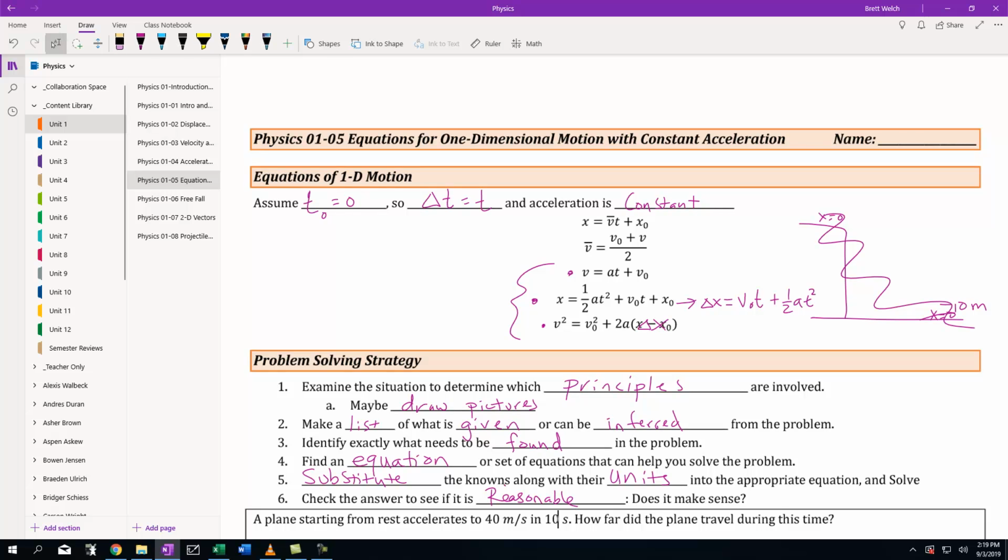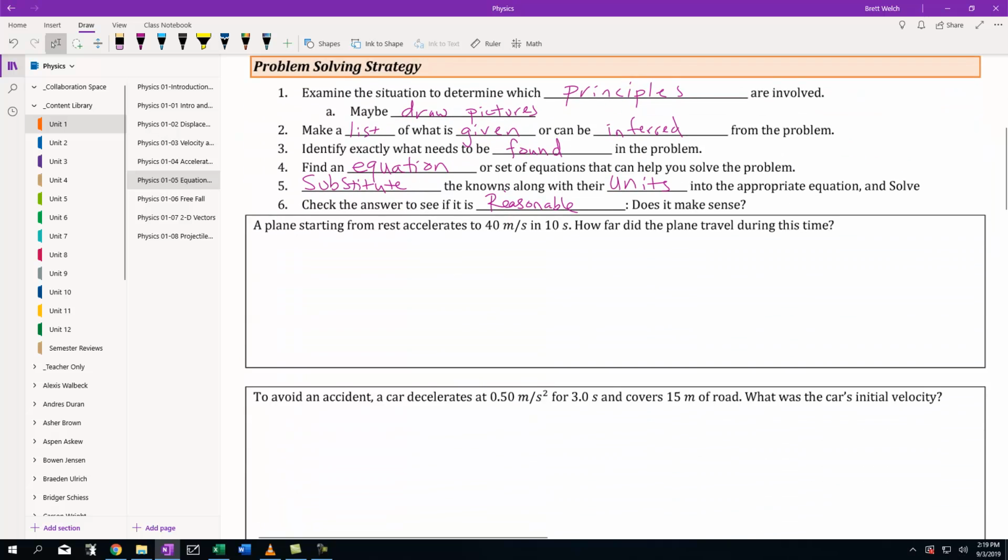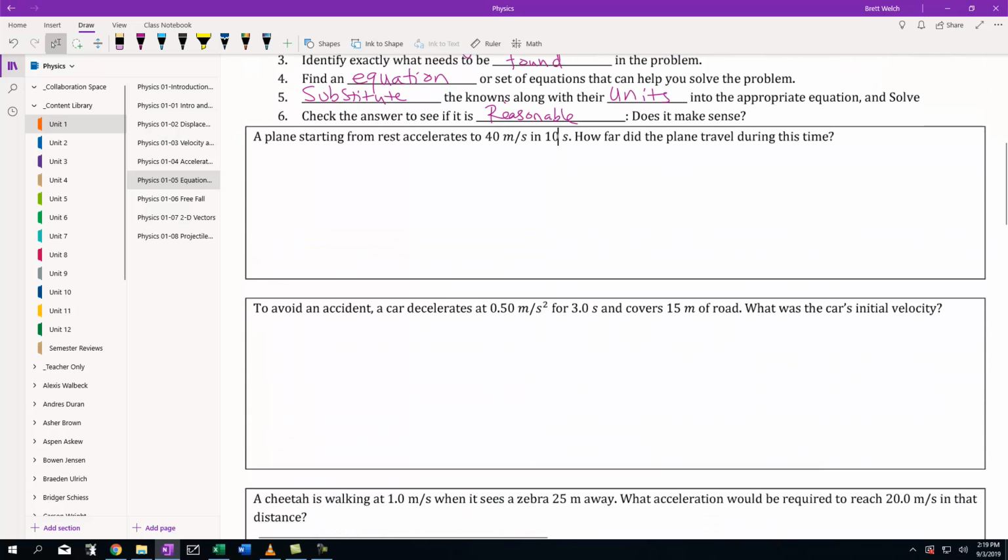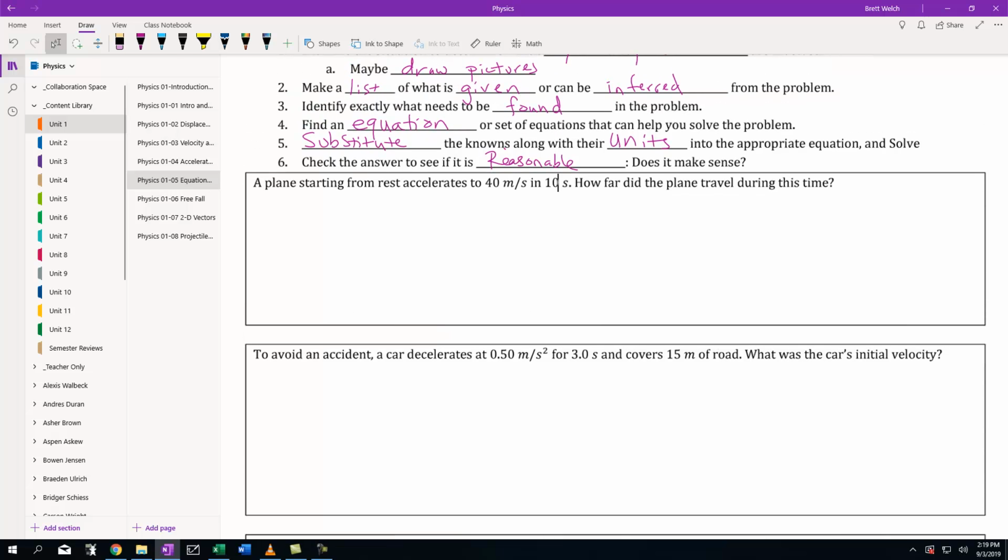That being said, let's look at some example problems as a way to go through and do that exact thing. I'm going to start here with this little plane starting from rest. It says it accelerates from rest to 40 meters per second in 10 seconds. How far did the plane travel in that time? So we're being asked right away to find delta x.